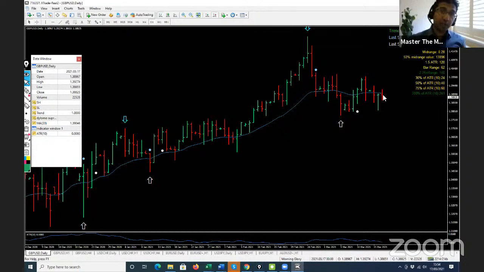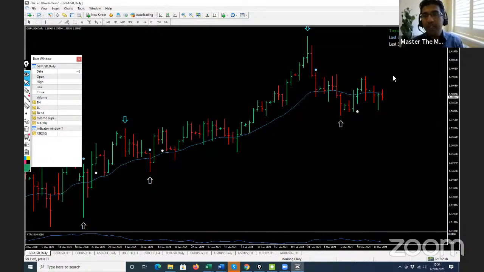Of course, there are exponential and simple moving averages. We won't go into that too much in detail, but in a gist, this is the meaning of a moving average. The 20 moving average as of now, you can see the average price is this blue line, and currently price is below that line at the moment. So that is what a moving average is.